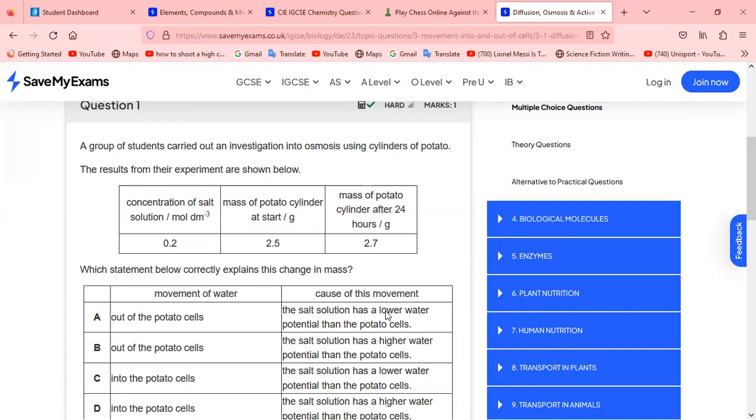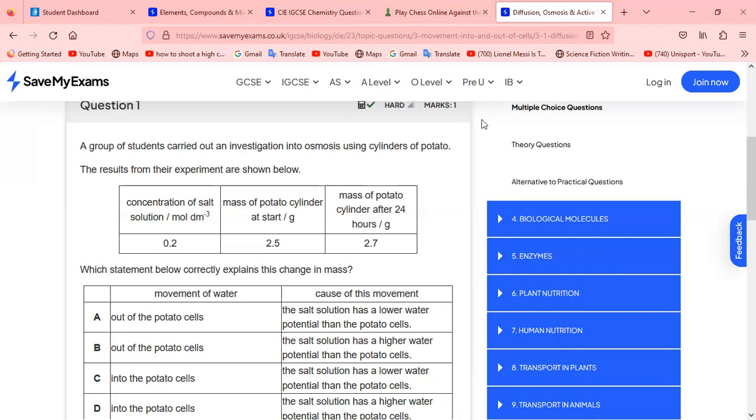Mass of potato cylinder at the start of the investigation is 2.5 grams, and the mass of potato cylinders after 24 hours is 2.7 grams. Which statement below correctly explains this change in mass?